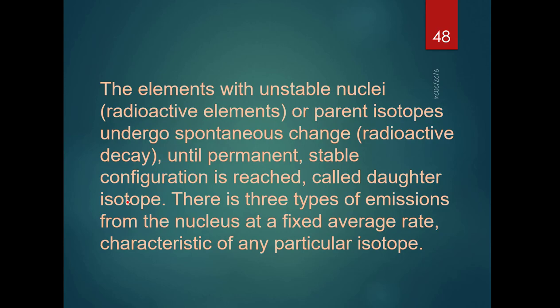This is really important: the decay rate is fixed and it's characteristic of any particular isotope. So it's different for different elements, but it is very characteristic of any particular isotope. Every single carbon 14 will decay at the same rate. Every single uranium 235 will decay at the same rate, and so on.